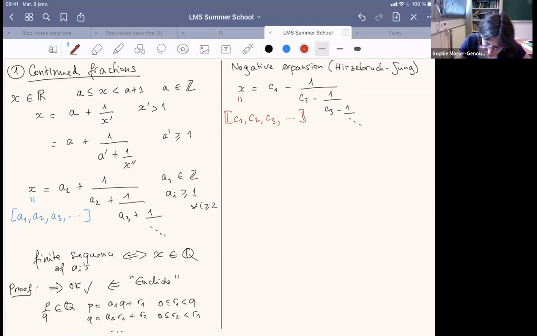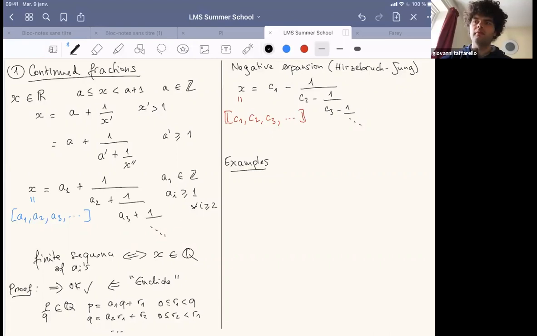So let me give you some examples. Let's start with irrationals. That's maybe the most interesting numbers, because this sequence will be infinite. As I said, for the rational, it's just Euclid's algorithm.